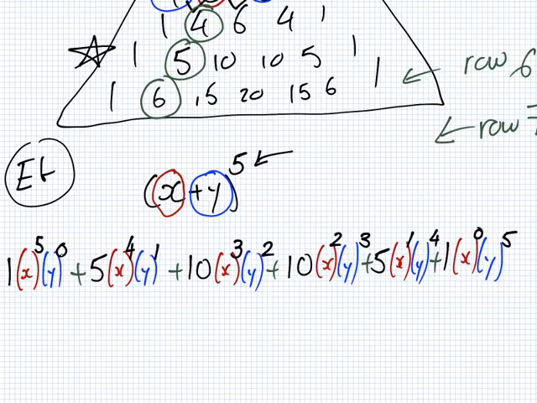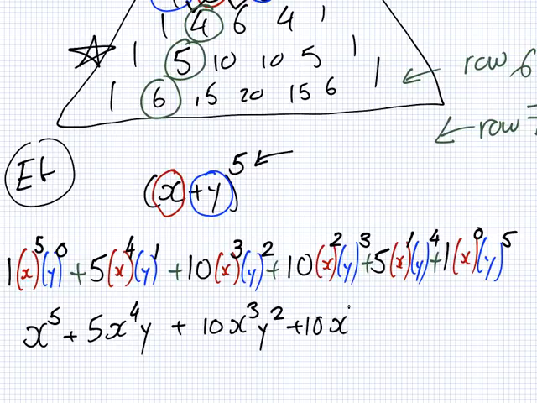So y power 0, 1. 1 times 1, 1. So this is just x to the 5 plus 5x to the 4 y plus 10x cubed y squared plus 10x squared y cubed plus 5xy to the 4, and at the end y to the 5, because that's a 1 here.